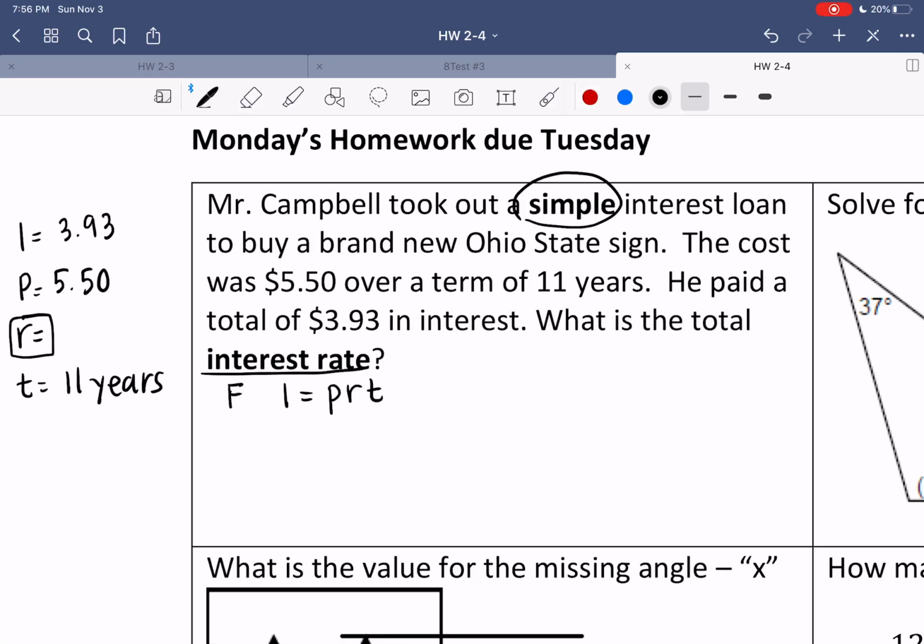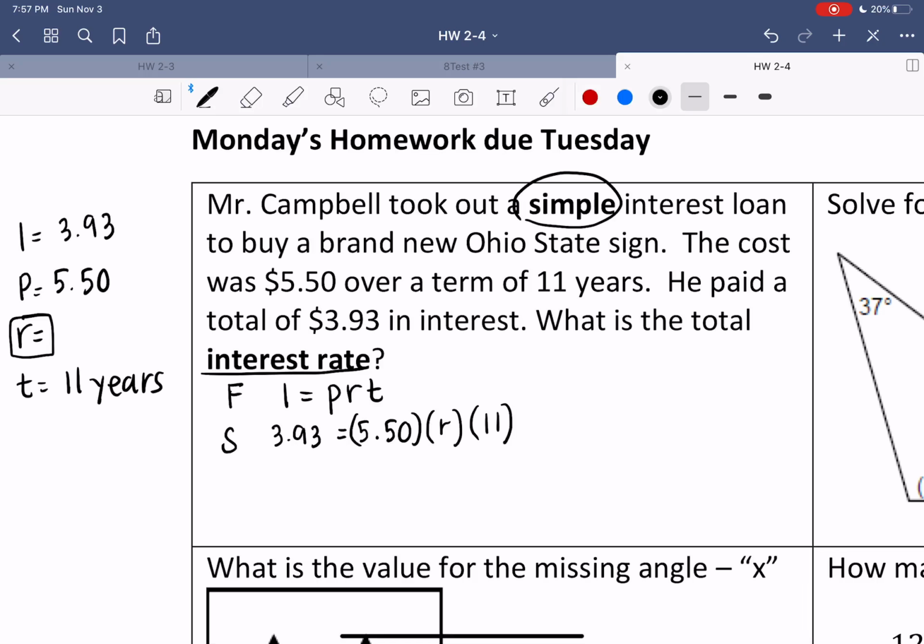And so when we substitute these numbers in, we're going to have $3.93 equals $5.50 multiplied, and I like to write parentheses when I'm talking about multiplication, multiplied times the rate and then times my time of 11 years.